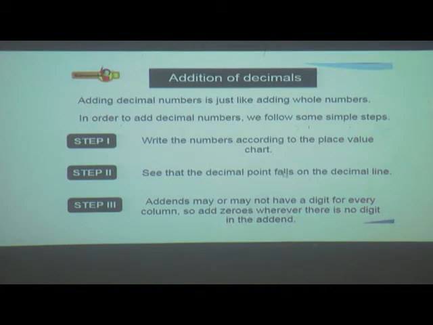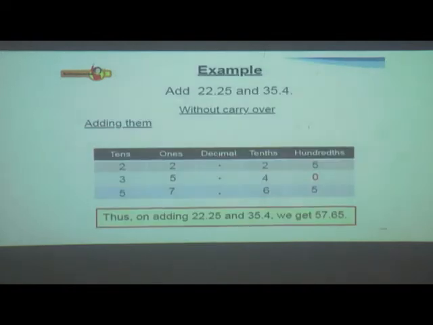Means after the decimal, if there is no digit, you can add a 0, wherever you don't find digits in the place value table of a decimal. So we just have to follow all these steps and find the addition of decimals.